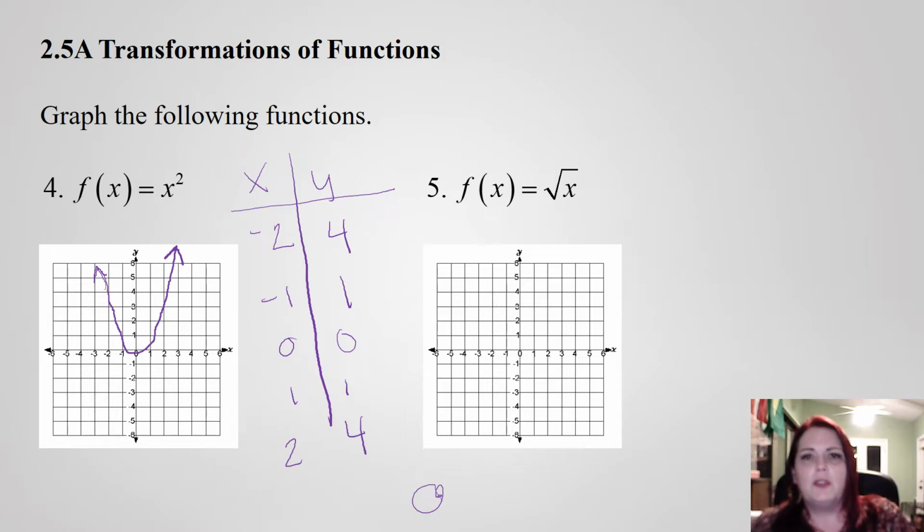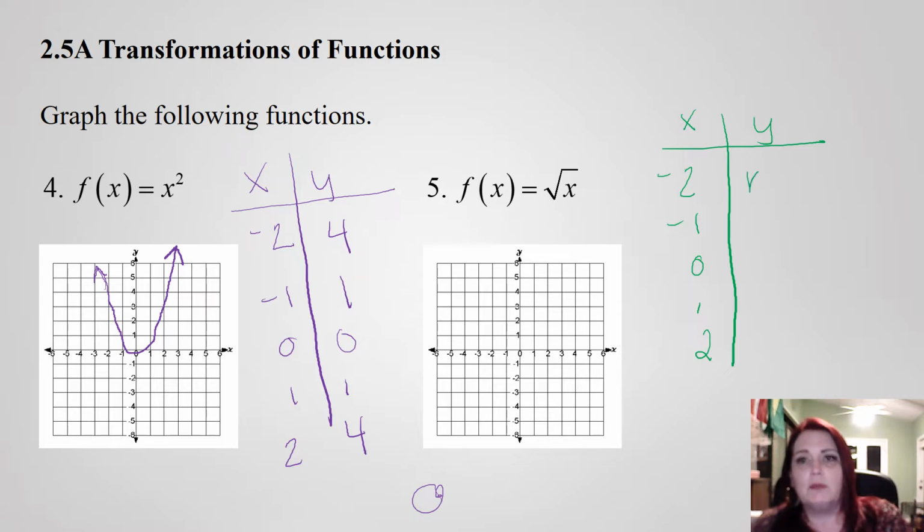The function f of x is equal to the square root of x. Let's get our x, y table. Let's go negative 2, negative 1, 0, 1, and 2. Well, the square root of negative 2 is not real, so we can't put it on the graph. The square root of negative 1 is not real either, so we're not going to put that on the graph.